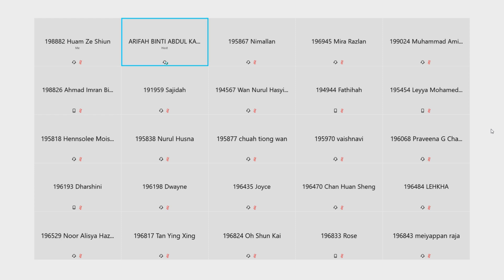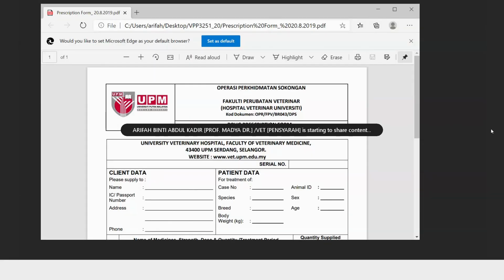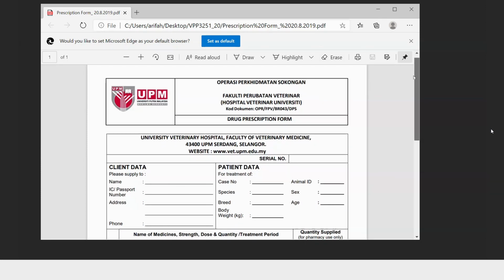Okay, so this is the form that we use in our pharmacy, UVH pharmacy.